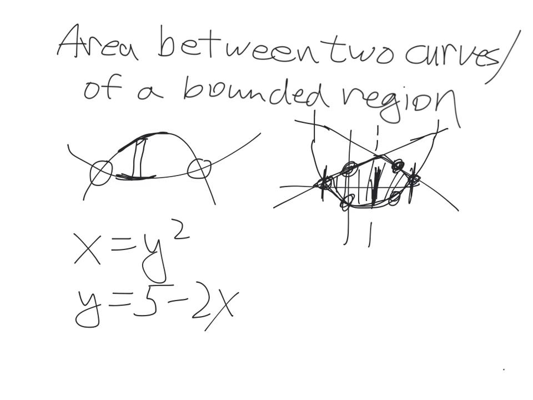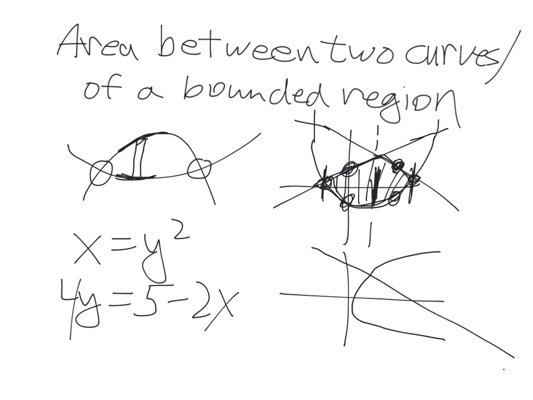Let's make it work out a little bit nicer here. We would have our x equals y squared is a parabola. Yeah, that's supposed to be a parabola. Hopefully you guys draw better than I do. And then the 4y equals 5 minus 2x, that's going to be a line, something like this. We're not going to graph it extremely accurately.